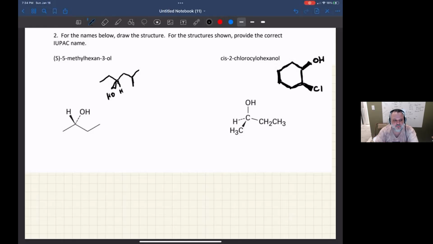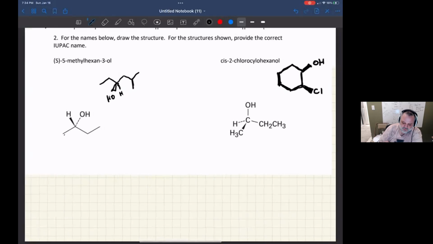Okay. What about these guys? These, we're going to come up with a name. This one has 1, 2, 3, 4 carbons, and we know that we need to get to that oxygen first because it's the highest priority. So this is a butanol. This is butane, and I like to say 2-ol. All I need to do is specify the stereochemistry.